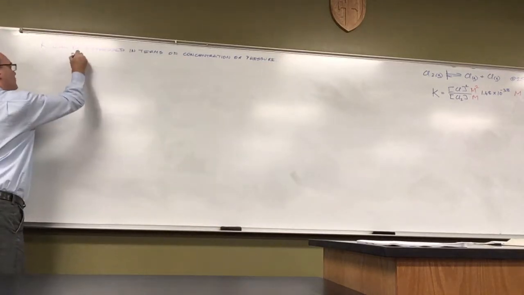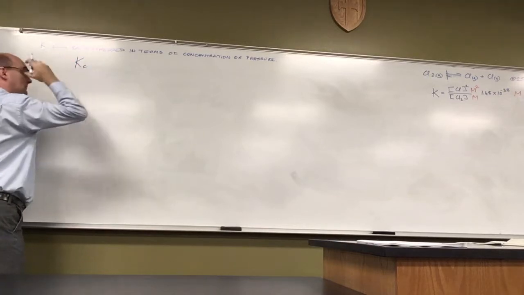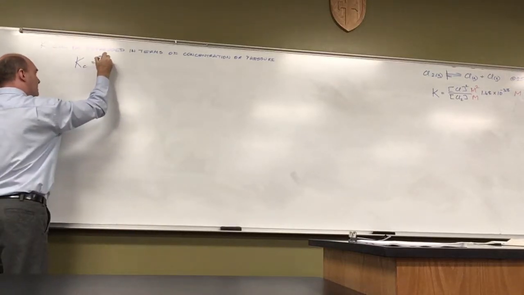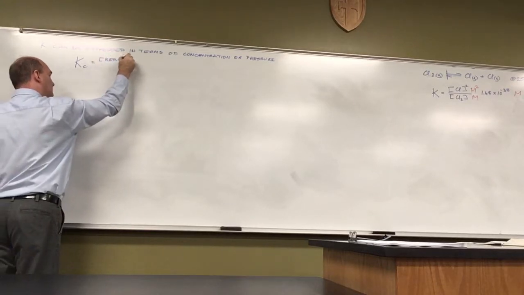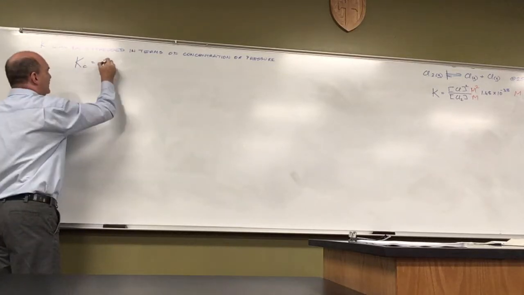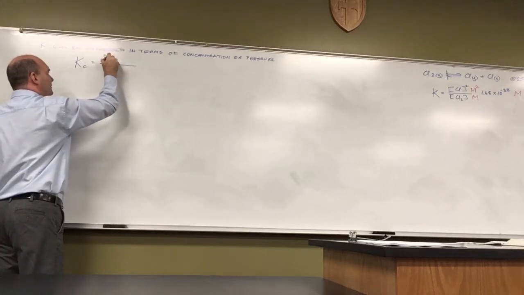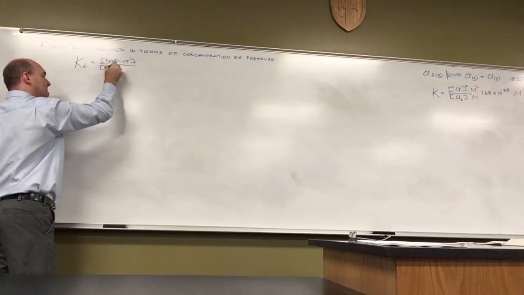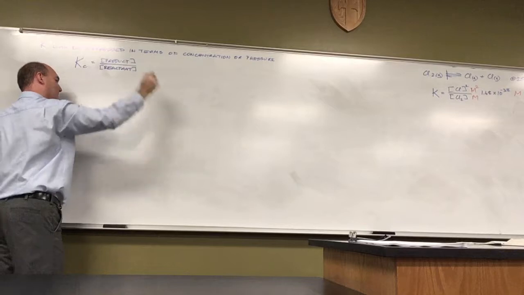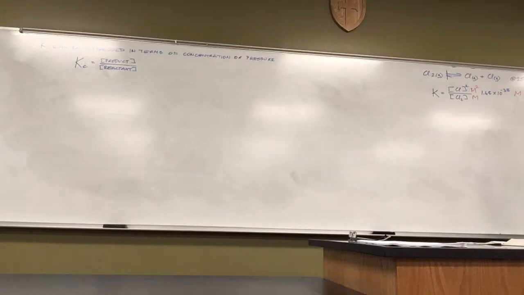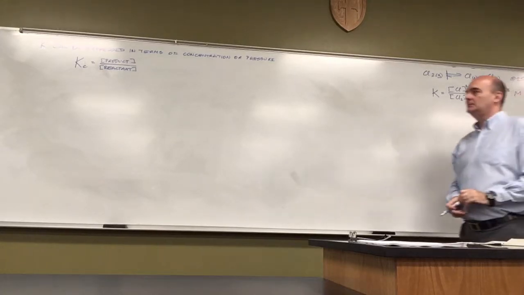If you measure the value of the equilibrium constant in terms of concentration, then your K now gets a subscript that says C for concentration.